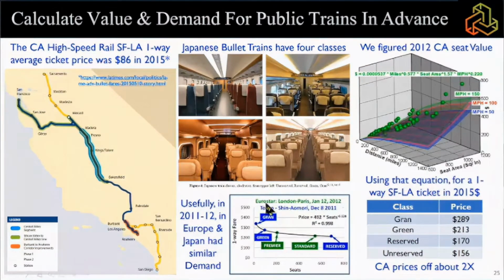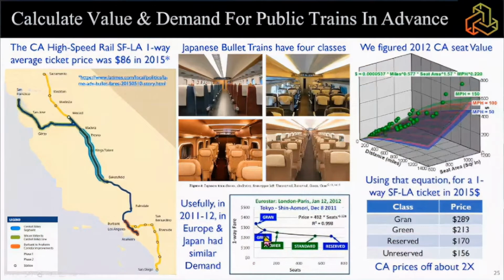So what we've done here is we've plotted the demand for this Tokyo line in late 2011. So we've had this point, and this point here, to which we've added the Eurostar London to Paris route here. And it turns out that when you put all these points together on a chart, they all end up being on the same demand curve.